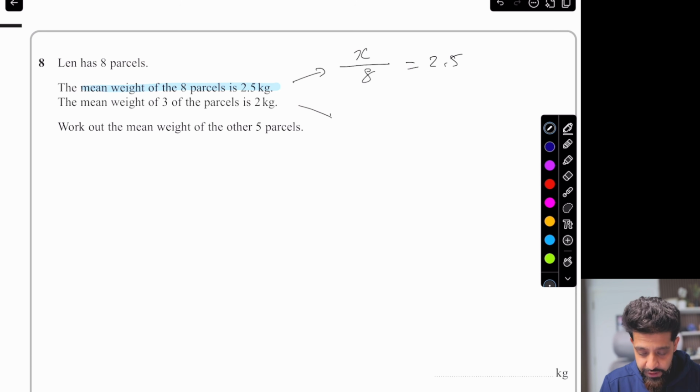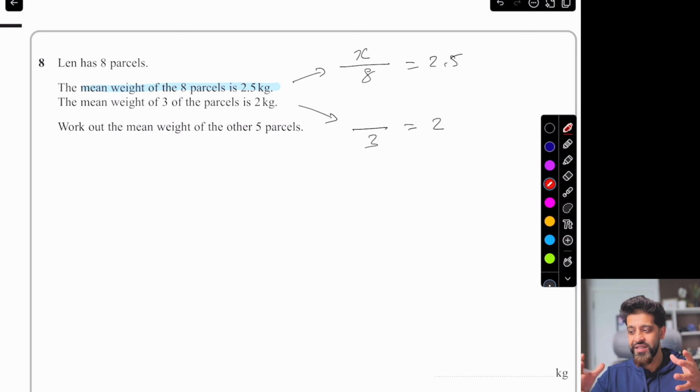For this one, it says the mean weight of 3 of the parcels. So we know it's going to be divided by 3 is equal to 2 kilograms. But again, what is the total weight of these 3 parcels? We don't know what that is, so we can give it another letter, which is y.